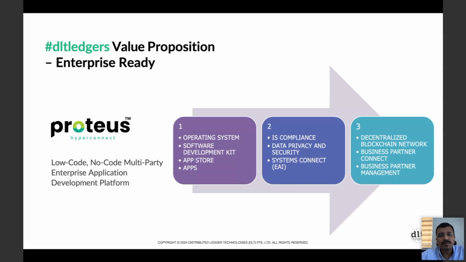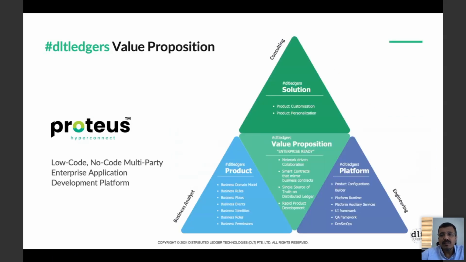So how did we break this whole value proposition? It is fairly represented in a very straightforward manner in this illustration that you see. We have three components. One is a platform, which you see on the right hand side. We have the product, and then we have the solution.